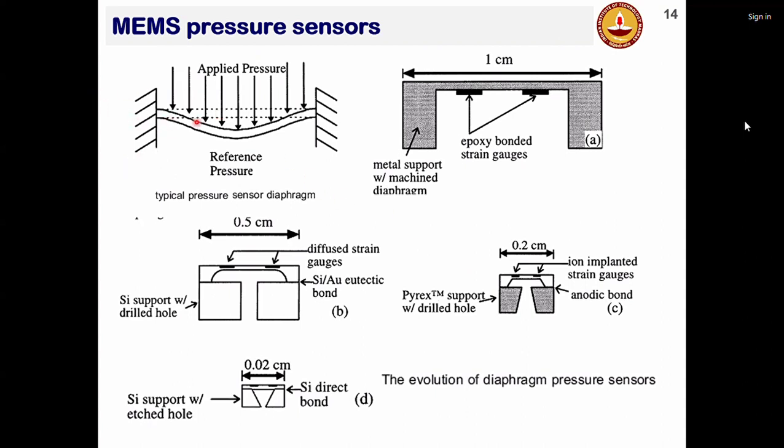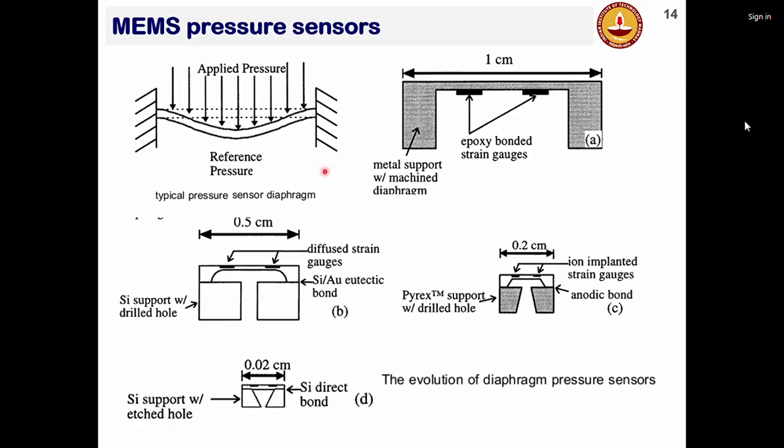Like you will have a diaphragm, for example, and you have an applied pressure that you want to measure. So this pressure will deform the diaphragm. Now, the deformation of the diaphragm is measured using the sensor, either by looking at the changes in the capacitance or changes in the resistance.